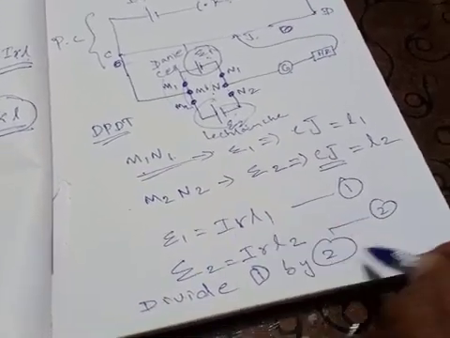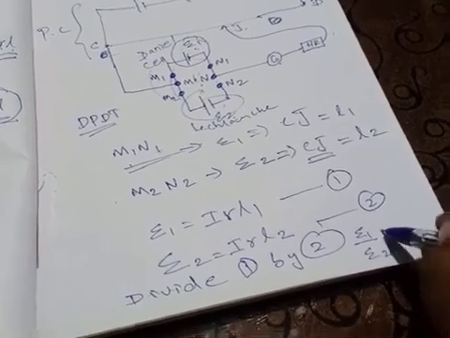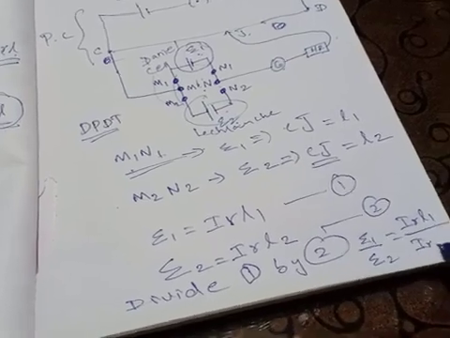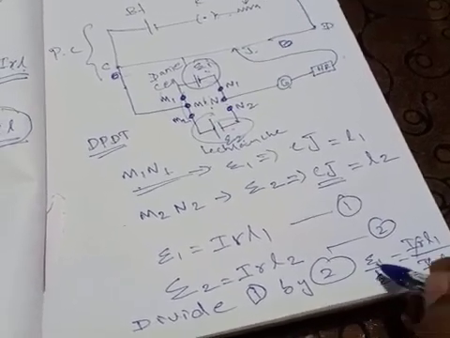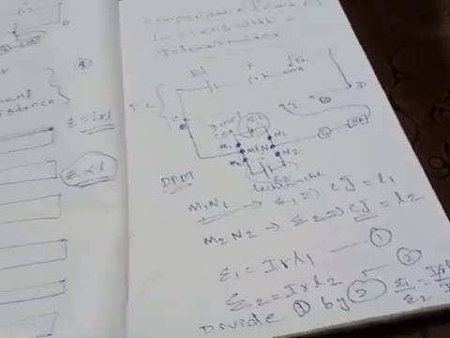EMF 1 by EMF 2 is equal to IRL1 by IRL2. IR cancels, so we get EMF 1 by EMF 2 is equal to L1 by L2.